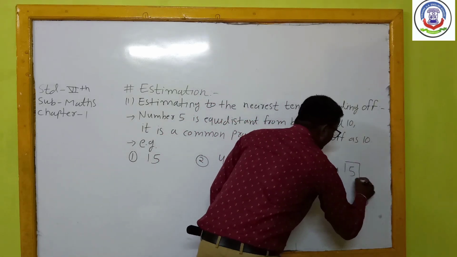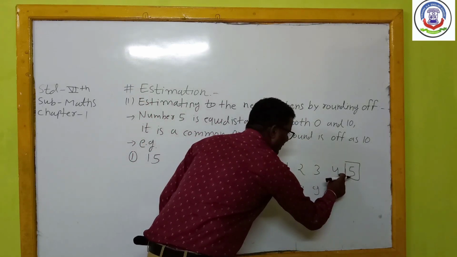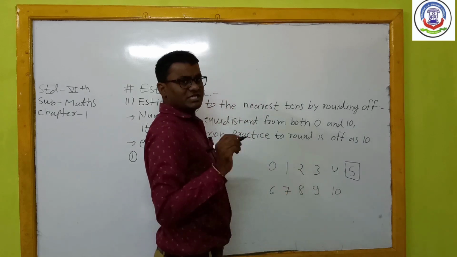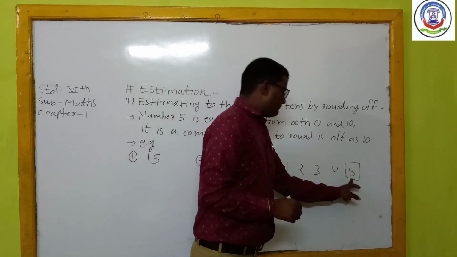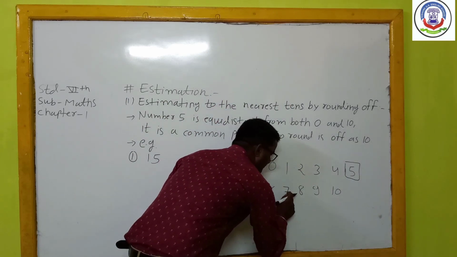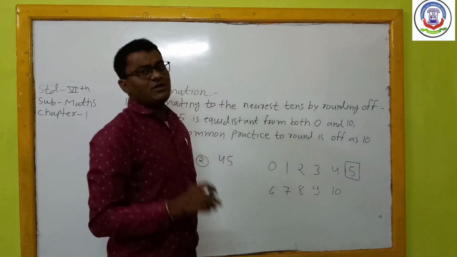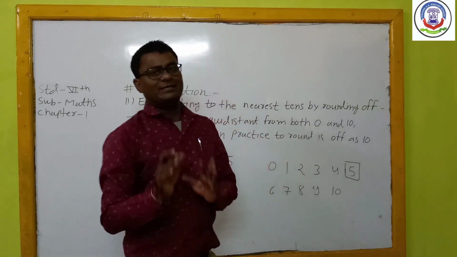This is our 5. Let's measure the distance: 1 2 3 4 5. Okay, the distance is 5. Now measure the distance of 5 up to 10: 1 2 3 4 5. Okay, the distance is 5. So we will round it off as 10.